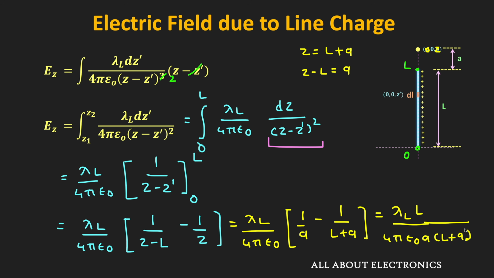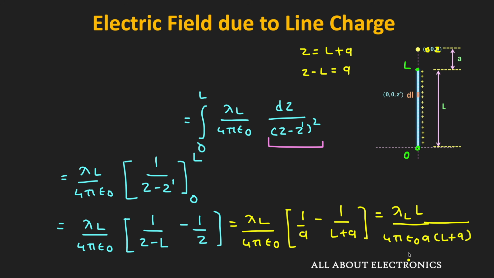So this is the expression of the electric field intensity whenever our observation point is along the same axis of the line charge. And further if you see, then here lambda L times L is nothing but Q. So we can say that this electric field intensity is equal to Q divided by 4 pi times epsilon naught times A times (L plus A).